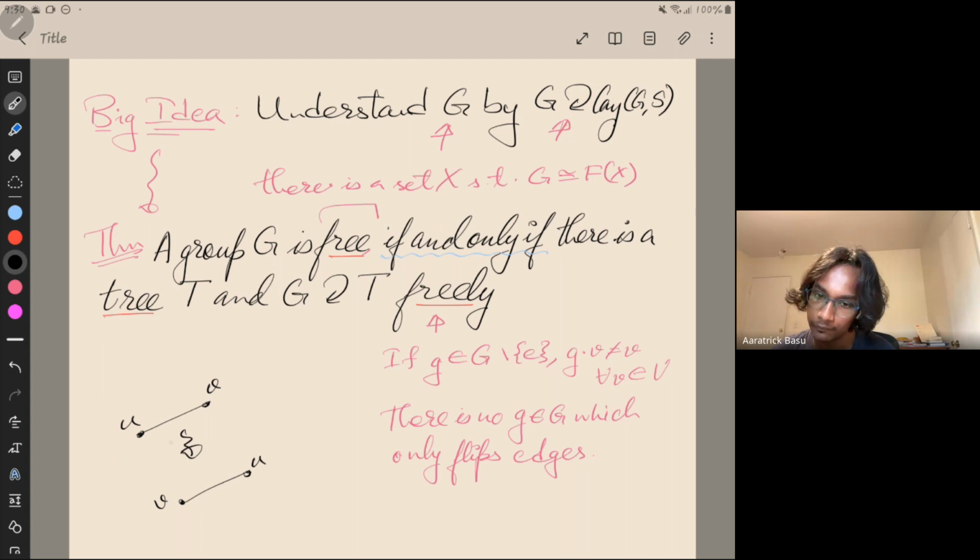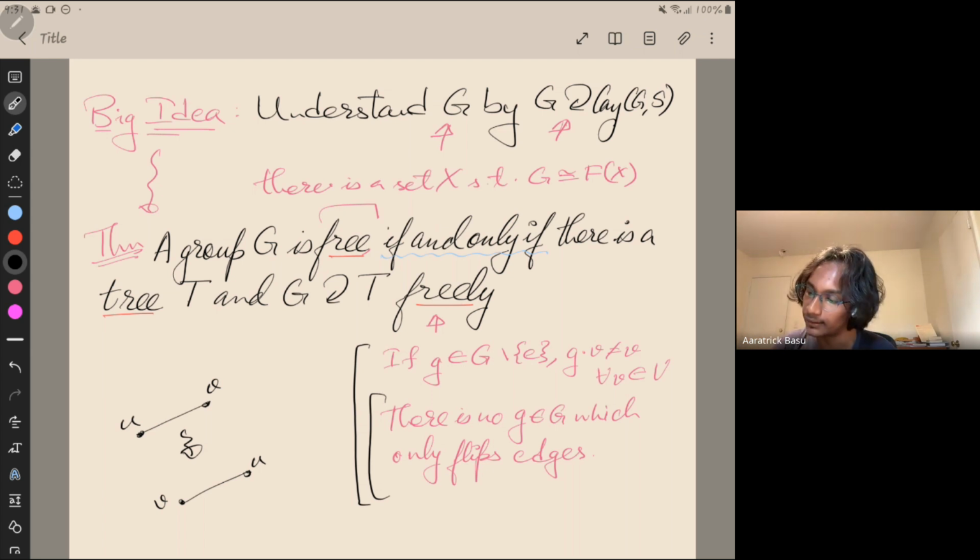What I mean is that there is no element for which all it does is flip edges. It turns out that leads to a trivial sort of problem, but you don't want that. So these two conditions together are what we mean by a free action on a graph.